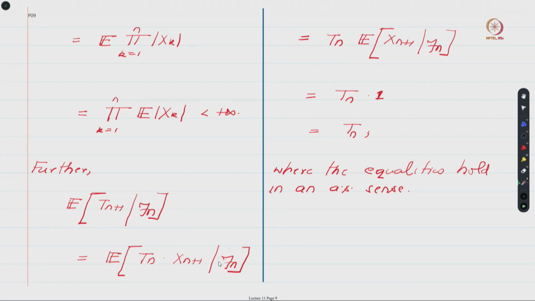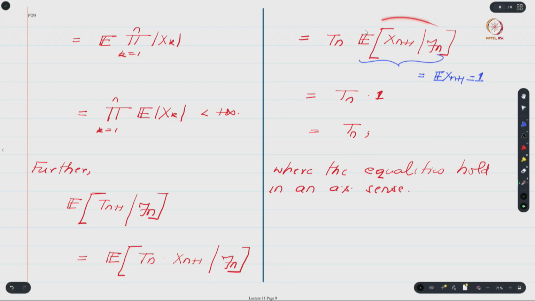I hope you recall the properties of conditional expectation which we had seen in the previous week, which we are invoking here to be able to write it in this fashion. And again from the independence of the xn sequence one can see that this conditional expectation equals the expectation of xn plus 1, and we know that each of these expectations equals 1, hence this quantity equals 1, and that is what I have written over here.